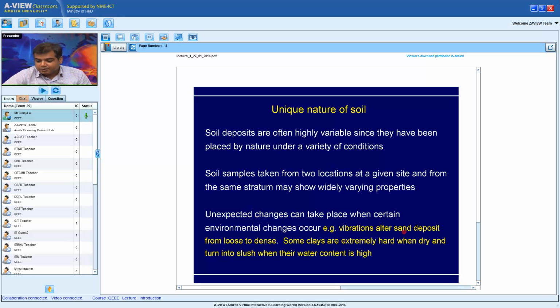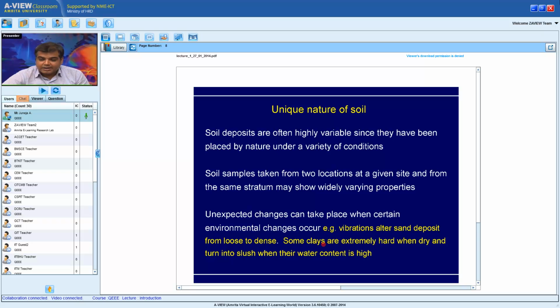Take an example: you have a sand sample which you have simply vibrated from a loose state to a dense state. You will see that the mechanical behavior of this sample changes by a tremendous magnitude. Take another example of clays, which are extremely hard when they are dry, but when the water content changes, they become slush, with a drastic reduction in strength.